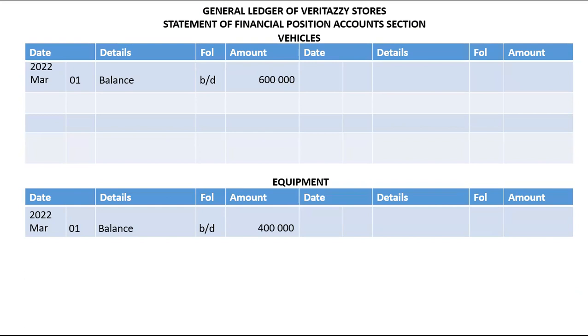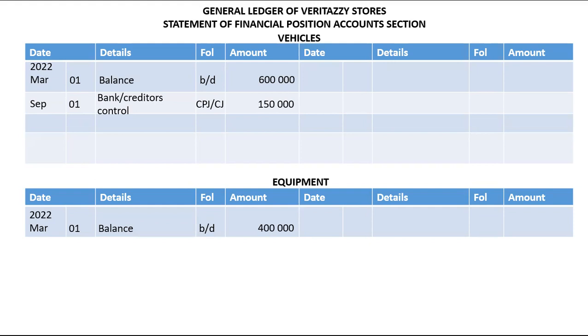For vehicle, we purchased the vehicle on the 1st of September, so this will increase the vehicles that we had on the debit side. It was not mentioned how we purchased this vehicle. If we purchased it for cash, it will have been recorded in the CPJ. If we purchase it on credit, it will have been recorded in the CJ. So that's why I wrote bank or creditors control, CPJ or CJ, and the amount is 150.